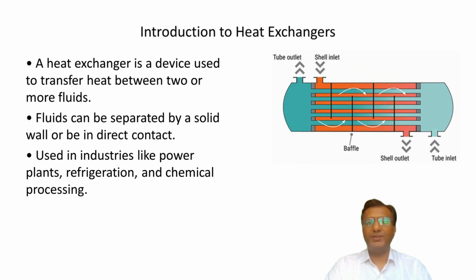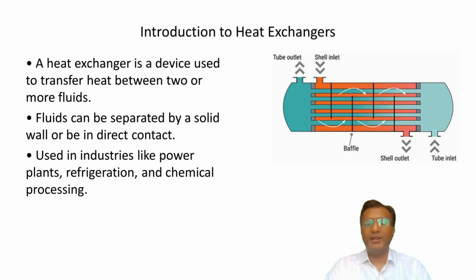This process is crucial in industries like power plants, where steam is condensed, or in refrigeration, where heat is removed from a coolant. Heat exchangers are also used in chemical processing, HVAC systems, and food production to control temperature efficiently. By enabling heat transfer without direct mixing, they optimize energy use and maintain system performance.